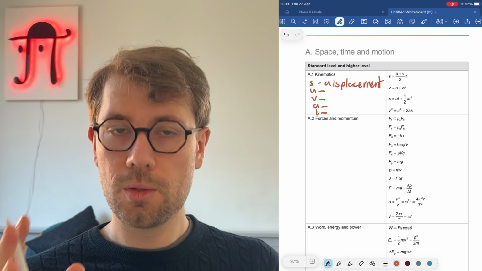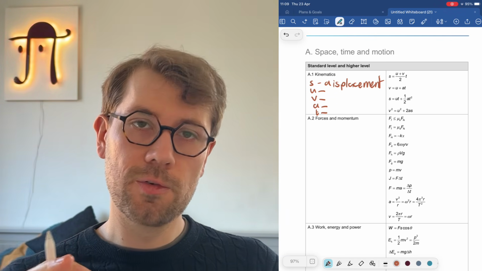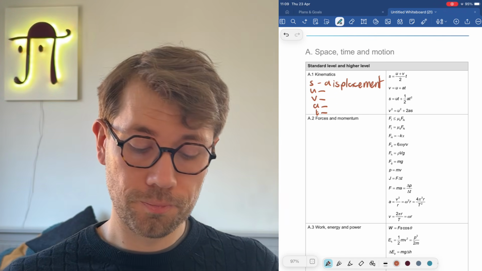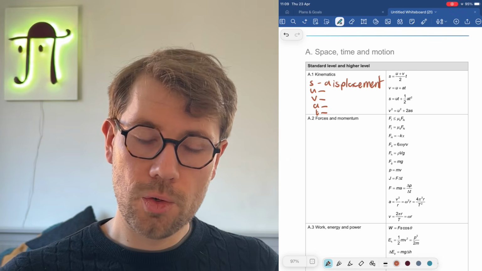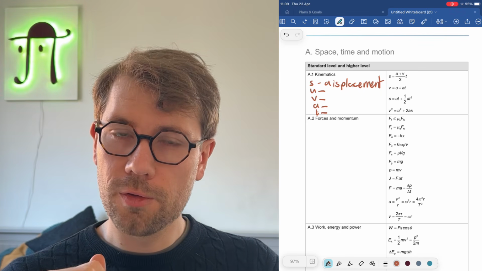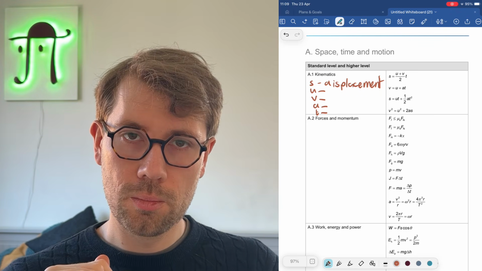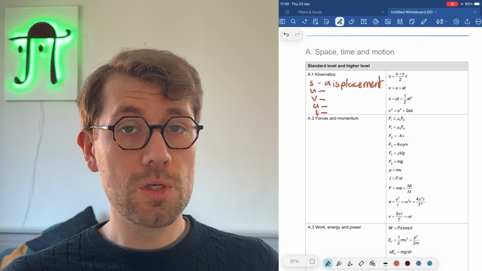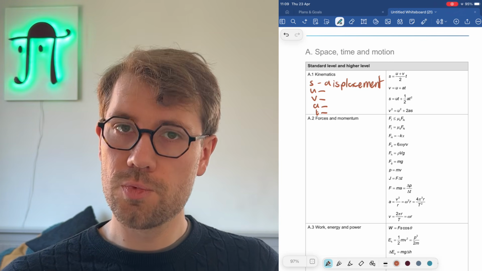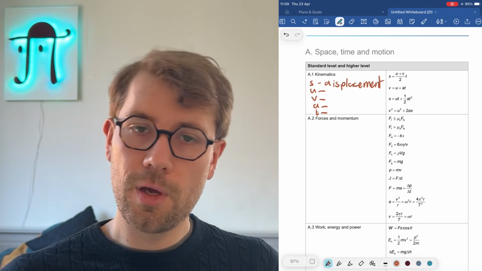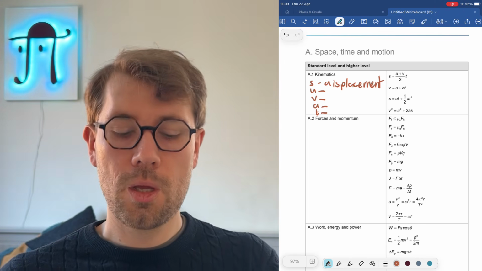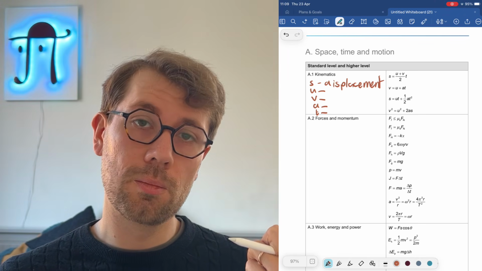Now, what you need to know about all the equations in your formula booklet is when you can apply them. These equations only work for constant acceleration. Sometimes acceleration changes, but in most situations it's pretty constant. If I drop my pen, it's under the acceleration due to gravity.